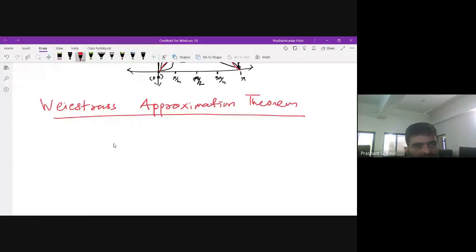So what this theorem tells you is that if you have a function, let f be a function from [a, b] to R, be a continuous function. F is continuous.